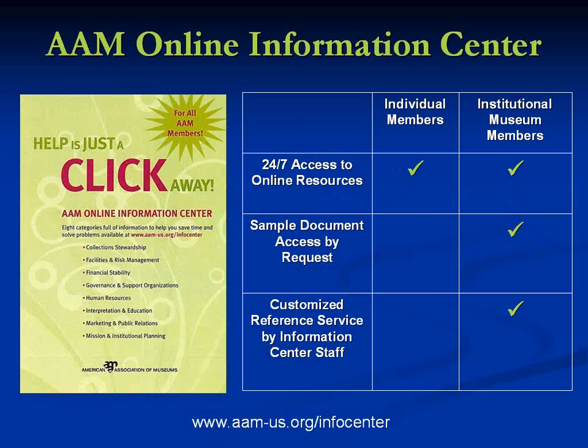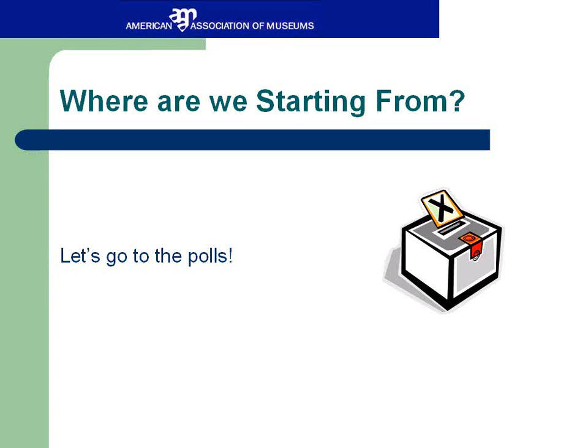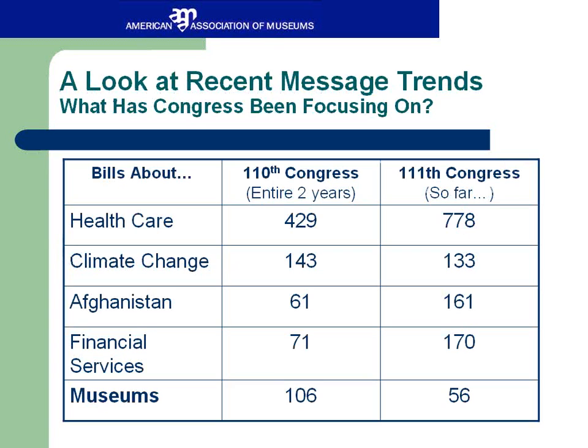All right, so given that context of where we're all starting from, I want to start by taking a look at some recent message trends. The reason I do this is because when we're thinking about building coalitions and supporting museums, not just in the community but nationwide, it's very important that we understand what our audience is thinking about. So I did a little analysis.